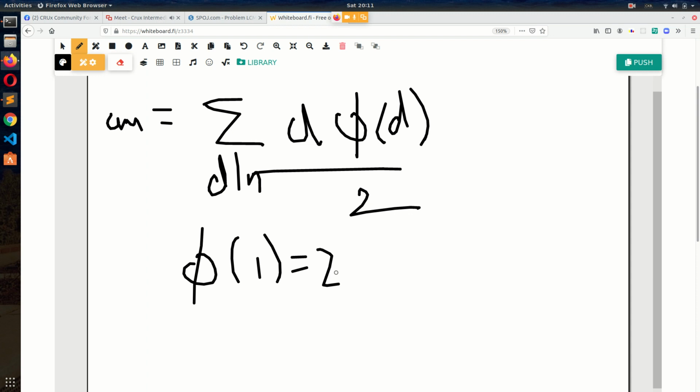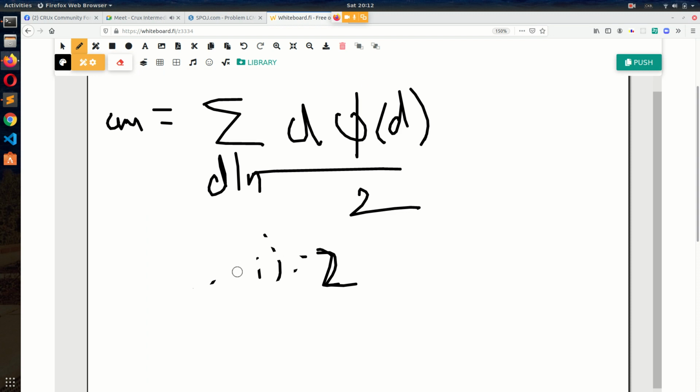This is just a hacky way to work around it, because if you don't assume this, then if you try to answer the query for n equal to 1, you will get a non-integral answer here. You will get half as the answer. And this phi 1 value also adds up to other n values as well. So you need to assume phi of 1 equal to 2 here. It's just a hack, but otherwise it's the same here.